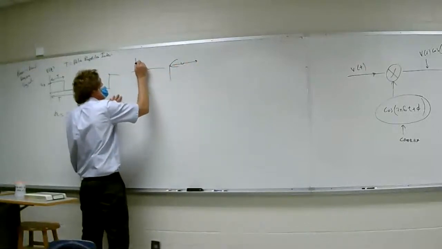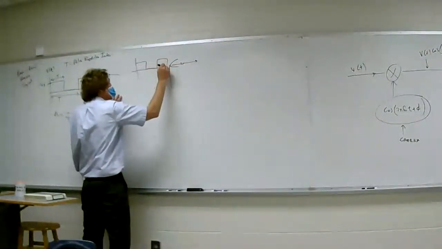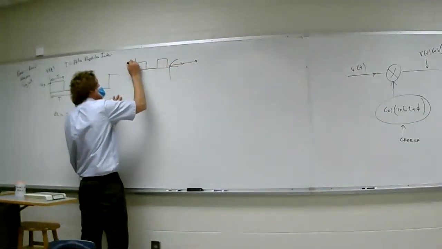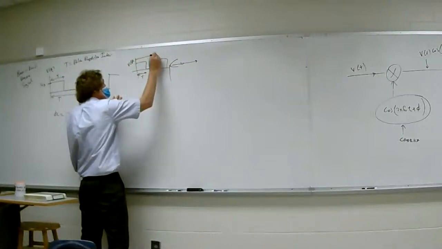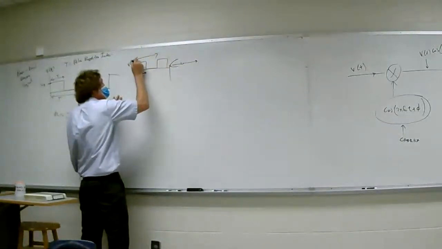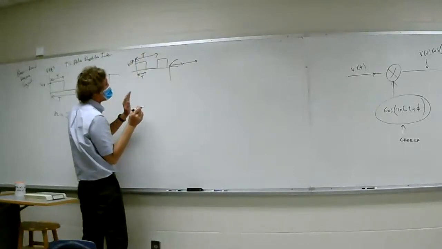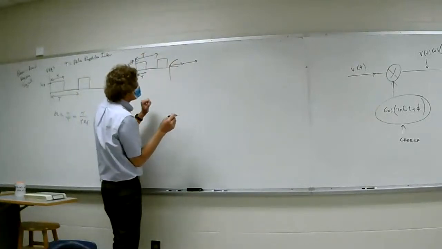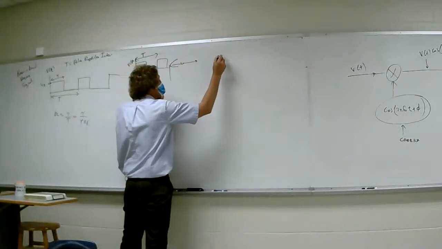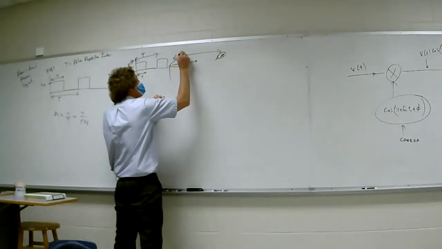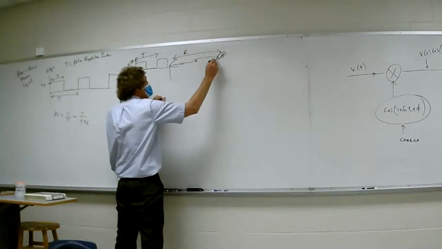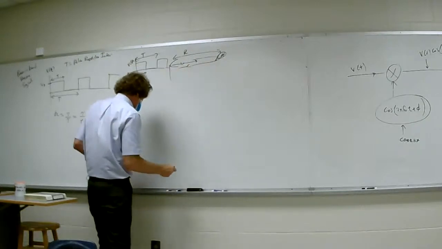Here's what it looks like in baseband. This will be my V of T. This is tau, and this is capital P, or the PRI. This is the signal being launched. It's going to come out and hit something at a range R. The signal's going to hit it and come back to the antenna.